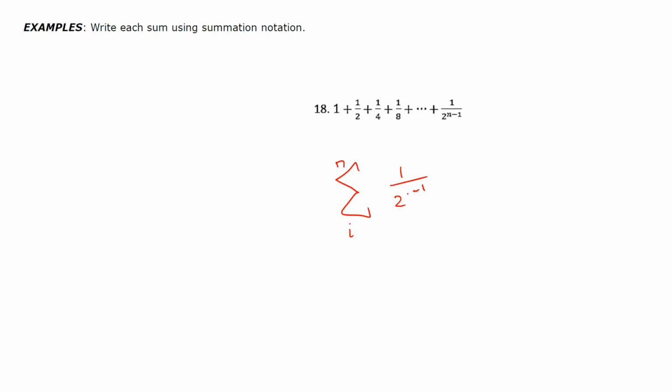Let's use i, and we're going to start at 1. This one's special because they give you the expression already in the problem. You're going to start with your first term and go all the way up to n, whatever n is in your specific problem. So this is really nice. And it's a great way to end section 8.1.